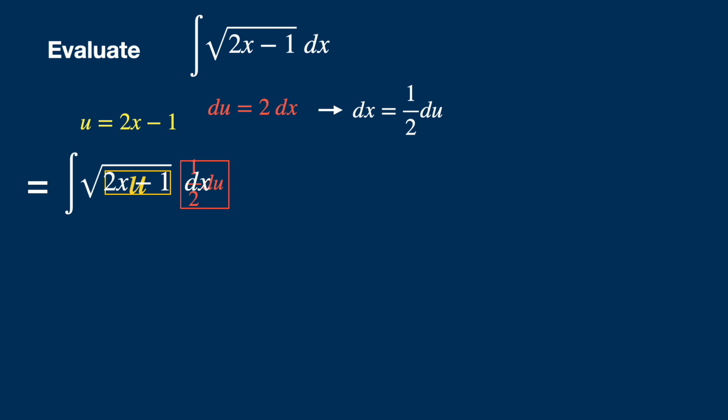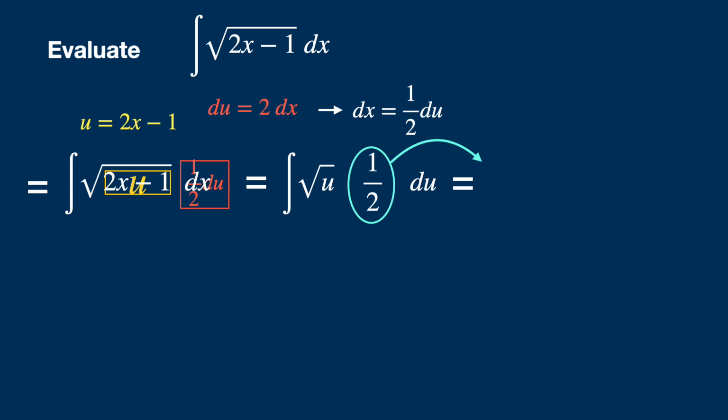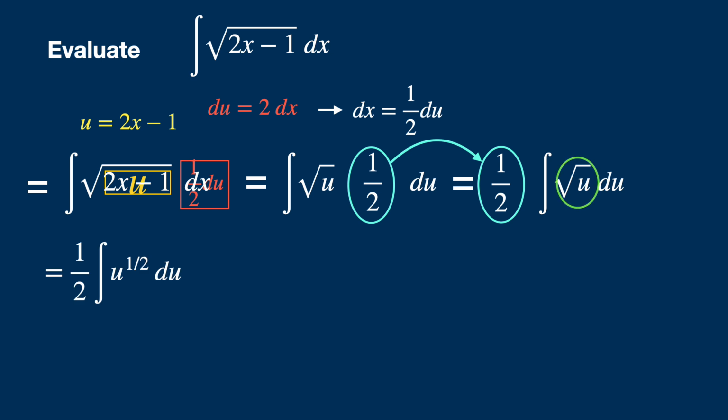Okay, so now you have the integral of the square root of u times 1 over 2 du. 1 over 2 is a constant, so it's going to be taken out in front of the integral. That's going to be 1 over 2 times the integral of the square root of u du. We practiced this in a previous session, but let's review one more time. 1 over 2 times the integral of u to the 1 over 2. 1 over 2 is the power.